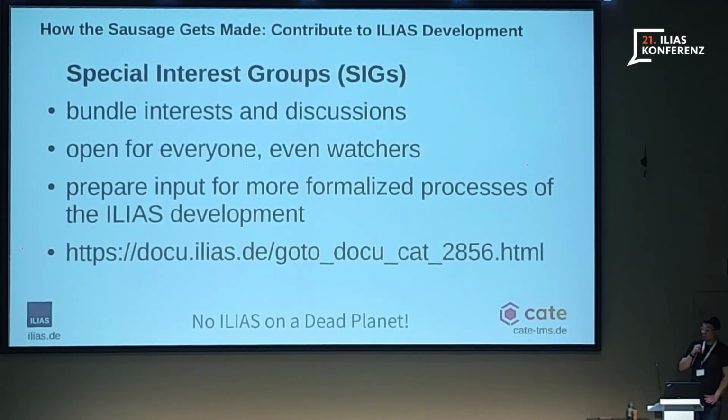That is totally fine, so no need to worry about becoming a member of a special interest group on ilias.de. Usually these groups prepare input for the more formalized processes in the ILIAS development that I will expand on later.